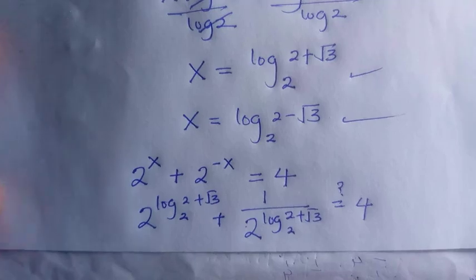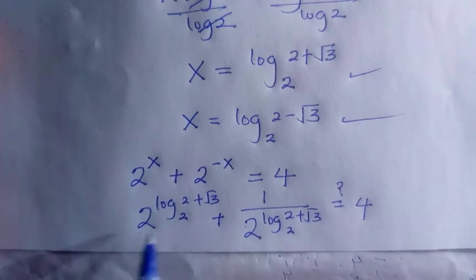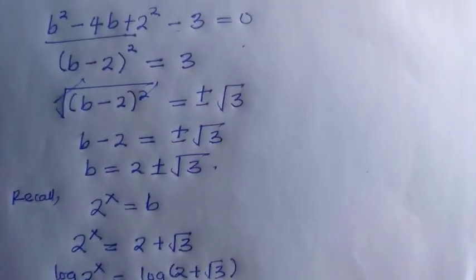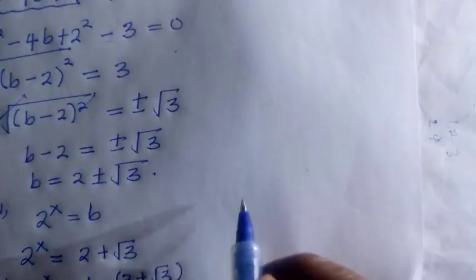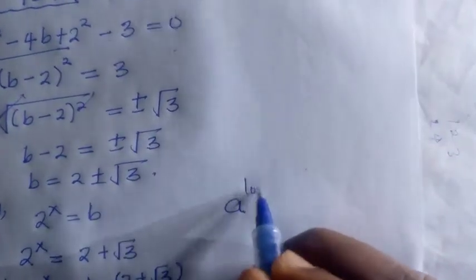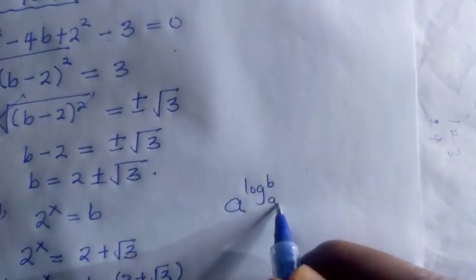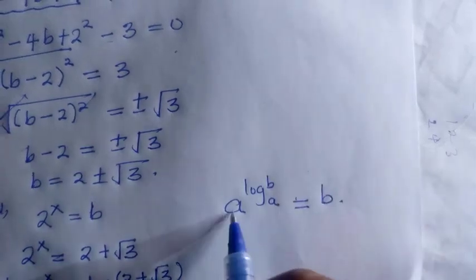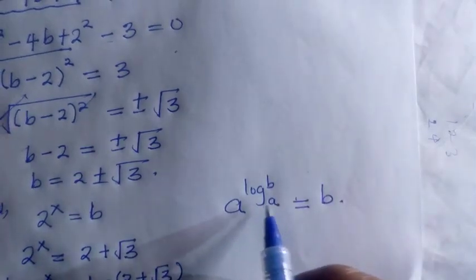Now I'm going to apply this rule of logarithm that says suppose we have a raised to the power of log b base a, this is the same thing as b, when the base and the base of the logarithm are the same.